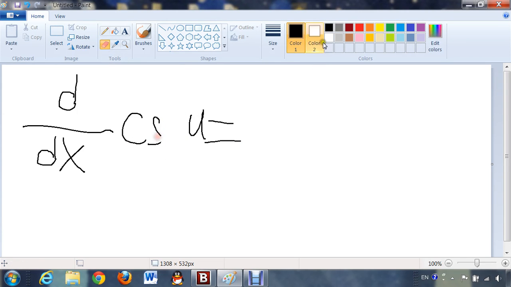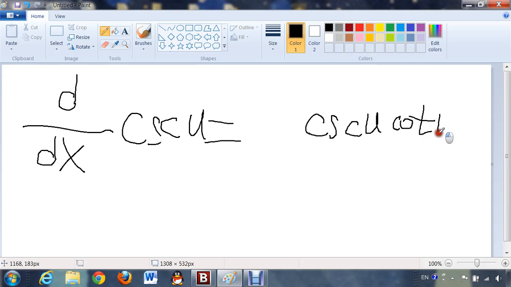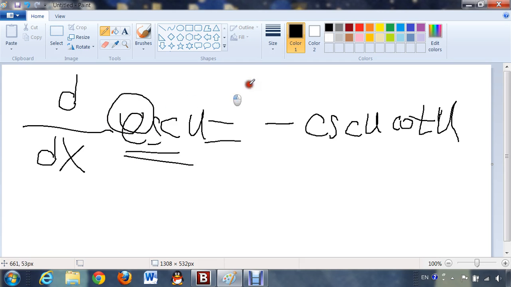Cosecant of something is cosecant something times what? Cotangent something, right? And remember, it has a minus sign in front of it because cosecant starts with a c.